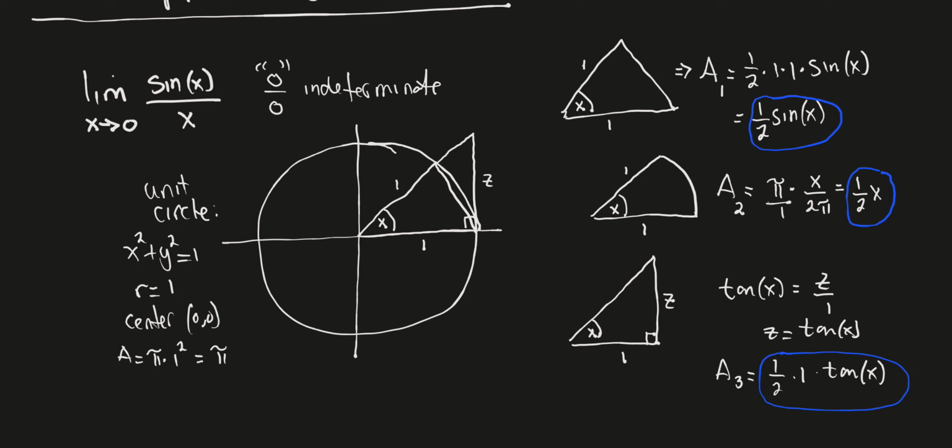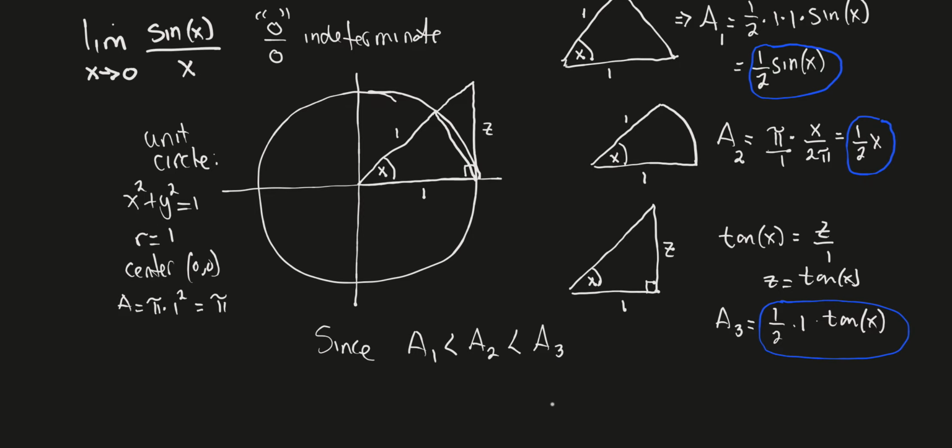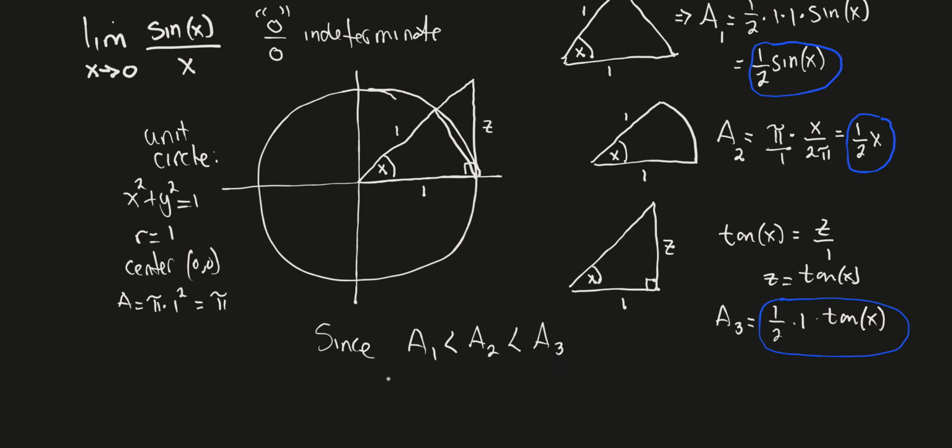So let's write that down. Since A1 is less than A2, which is in turn less than A3, we have this nice inequality. We have that 1/2 sine of x is less than 1/2 x, which is in turn less than 1/2 the tangent of x.